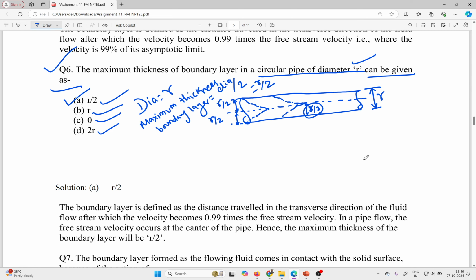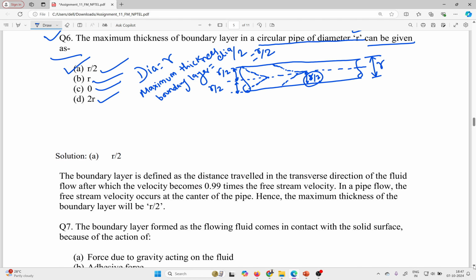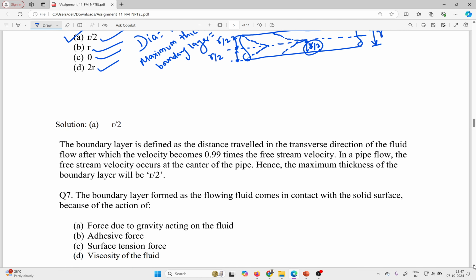So now we'll move on to the next question. Next question is question number 7. The boundary layer forms as the flowing fluid comes in contact with the solid surface because of the action of force due to gravity acting on the fluid, adhesive force, surface tension force, and the viscosity of the fluid.